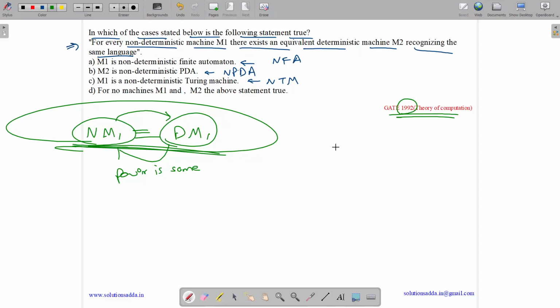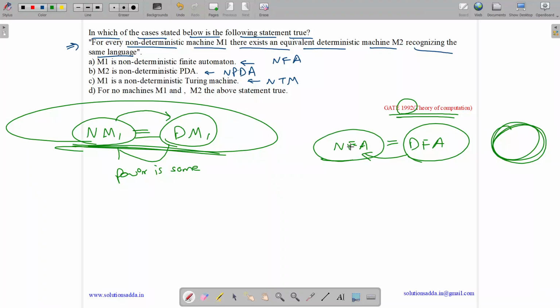See, the power of NFA is equal to the power of DFA, which means they represent the same set of languages. If we have a DFA for a language, we will have an NFA, and if we have an NFA, we can convert it to a DFA by some algorithms, in polynomial time, of course. So option A is true.